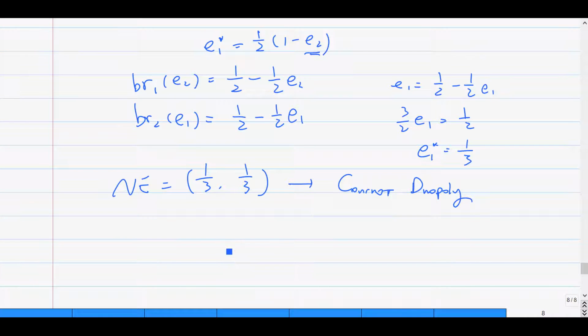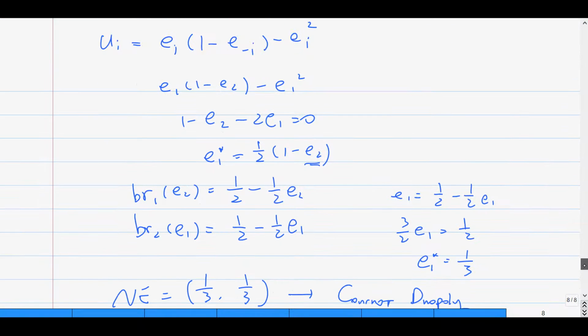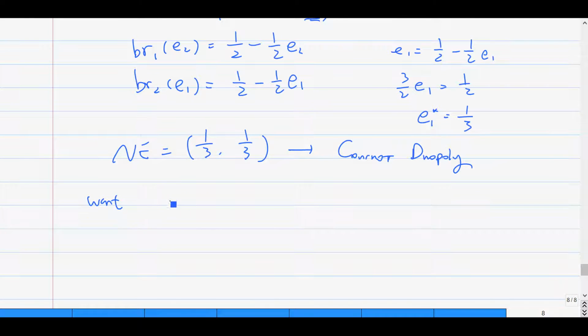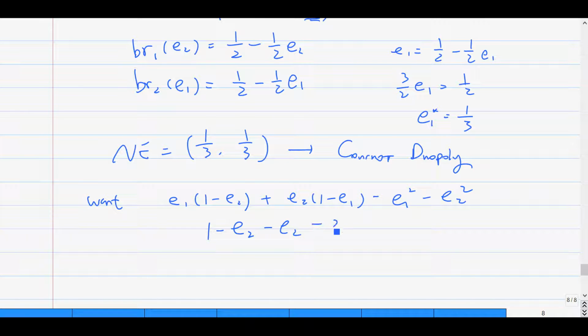We need the monopoly outcome as well. How do we figure out the monopoly one? Add them up and then find the optimal. So e1 times (1 minus e1 minus e2) plus e2 times (1 minus e1 minus e2) minus e1 squared minus e2 squared, and then differentiating with respect to e1 gives me 1 minus e2 minus 2 e1 is equal to 0.